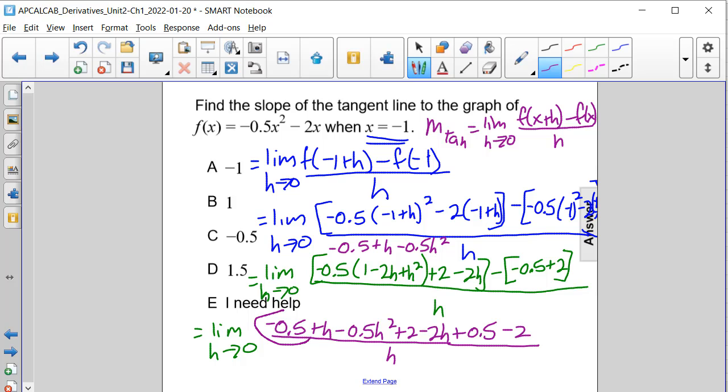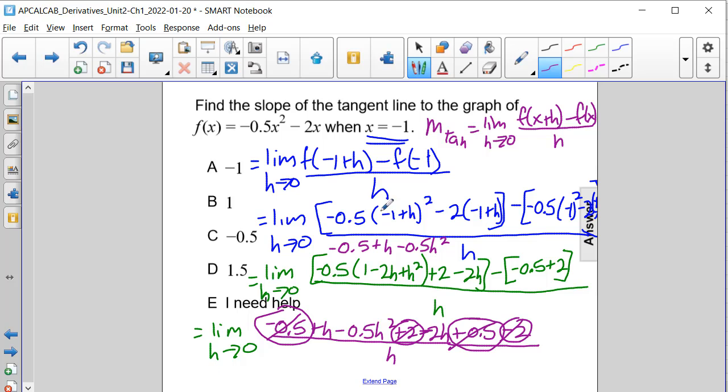Notice -1/2 and +1/2 cancel out. We're also going to have a +2 and a -2 cancel each other out. This is a negative sign there.